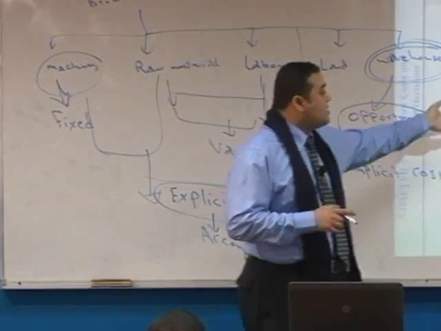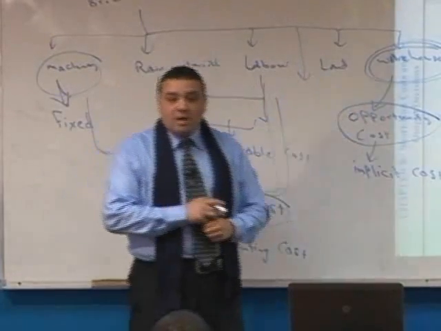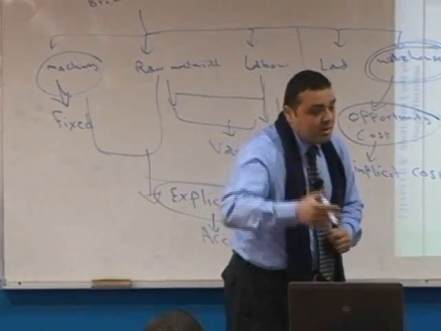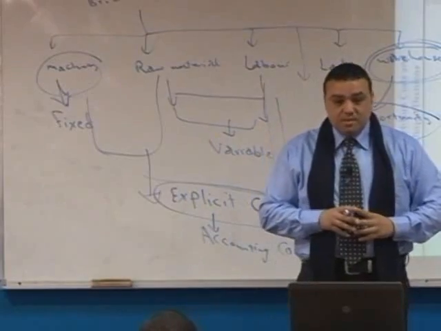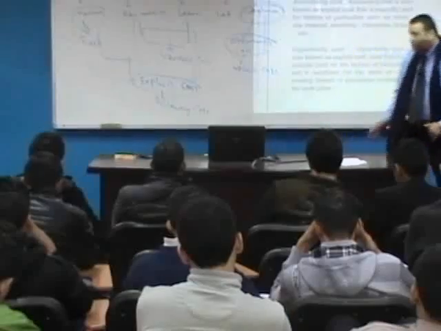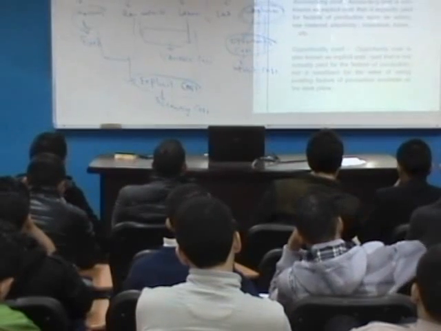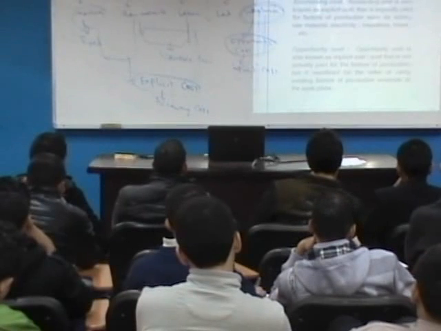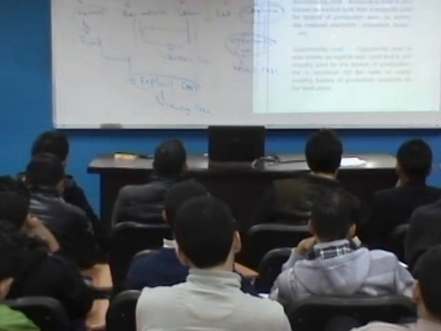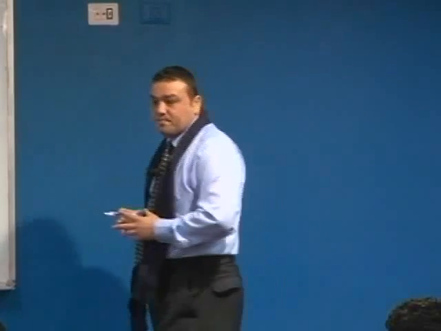So let's go to the definitions of the different types of costs, and then let's go to the analysis, right? In this case, as you see, the accounting cost is also known as the explicit cost, that is explicitly paid for the factors of production such as salary, raw material, electricity, insurance, taxes, and so on.